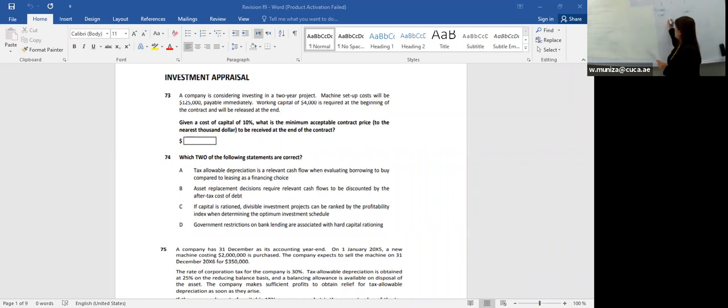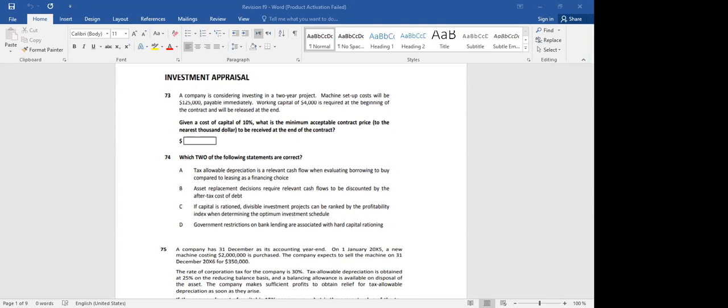Now you are going to calculate the net cash flows. The net cash flow at year 0 is negative 129,000, in year 1 is 0, and year 2 is positive 4,000. As you can see, the cost of capital is 10%, so immediately you are going to look at your present value table, in the column of 10%.